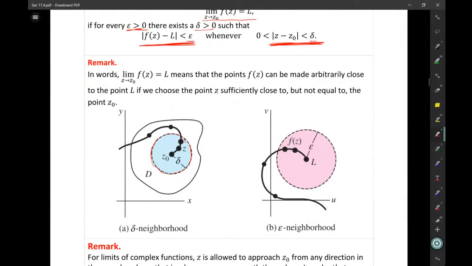the limit of f of z is equal to the complex number L where z approaches z naught. We can claim this if and only if I take any epsilon neighborhood. It means any neighborhood around L. This neighborhood has epsilon as a radius.